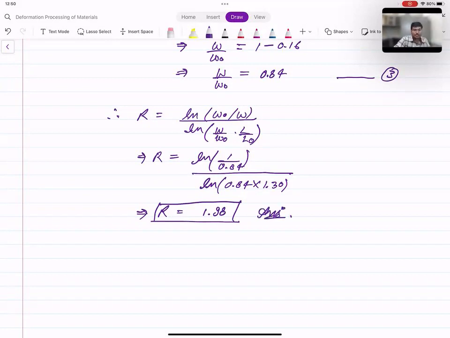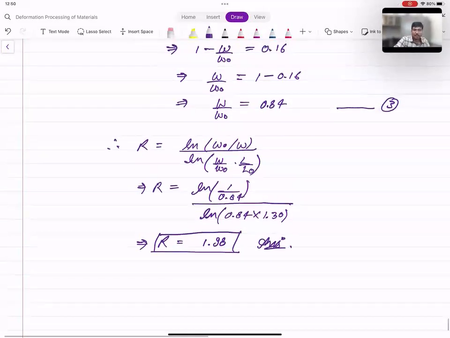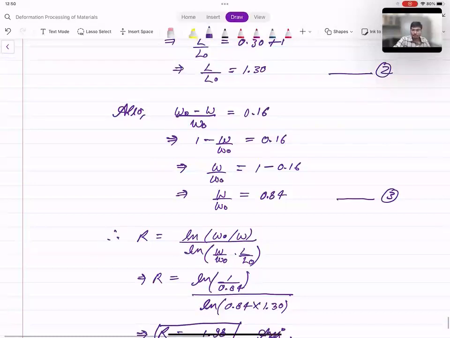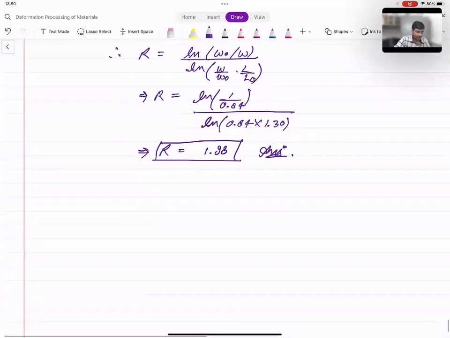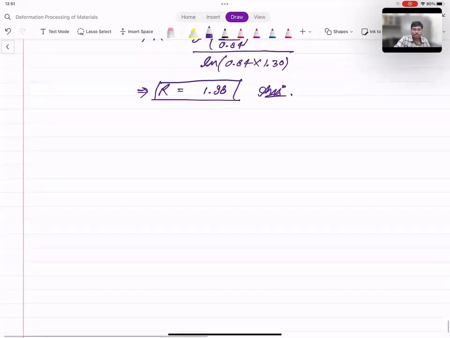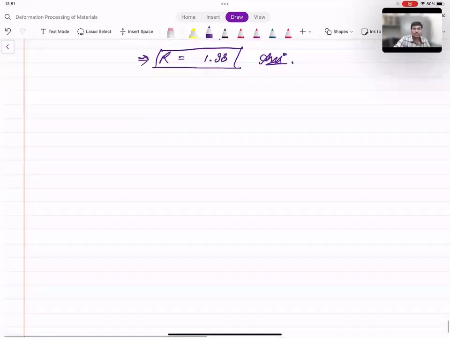So this is the value of normal anisotropy if we are given the amount of elongation or reduction in length and width respectively. Okay. So with this, we have completed the relation between the initial blank diameter and final product dimensions, and we have also seen an example of the anisotropy.